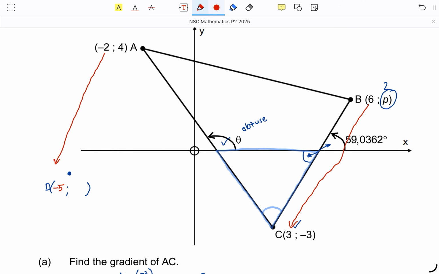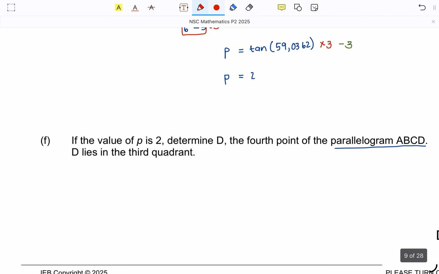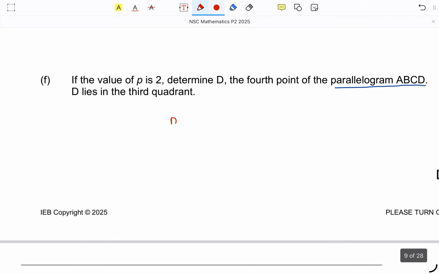And then if we use the y values and check the shift there, we went from 2 to -3, so that's -5 units. So if we now take 4 and subtract 5 units, we will get to -1. So we call this the inspection method, and we can just write down that D would then be -5 and -1.